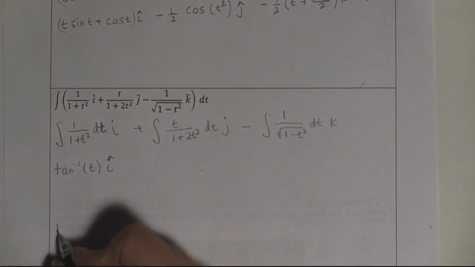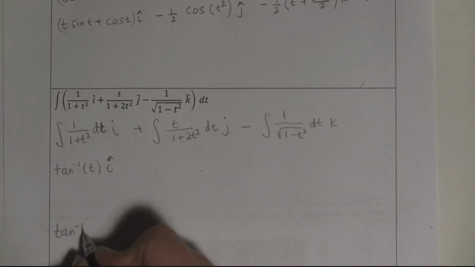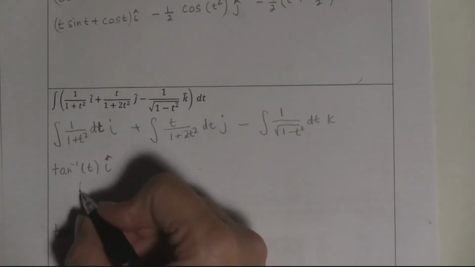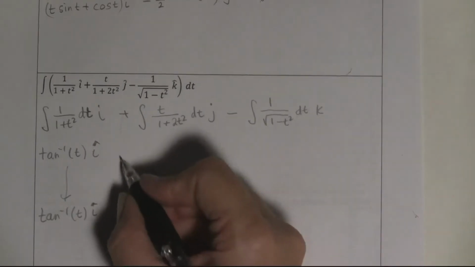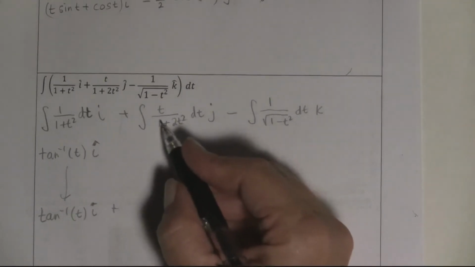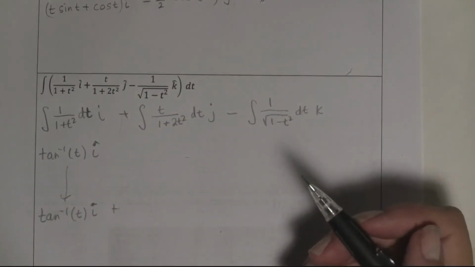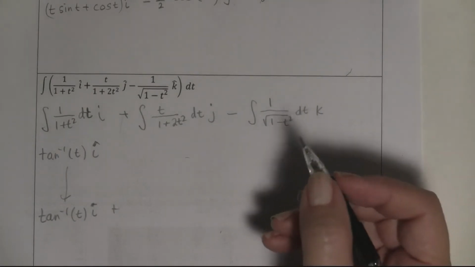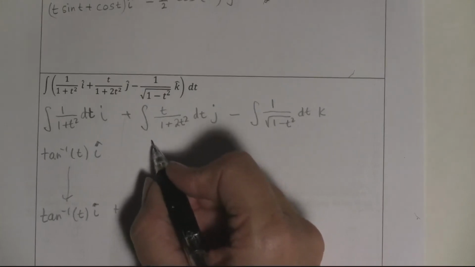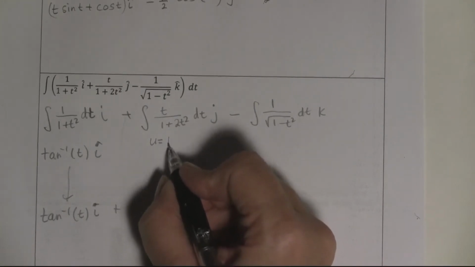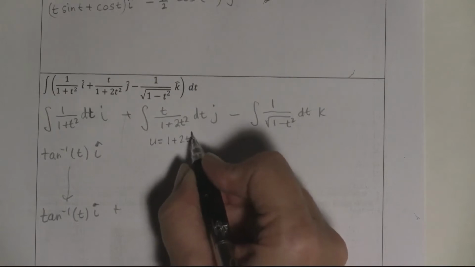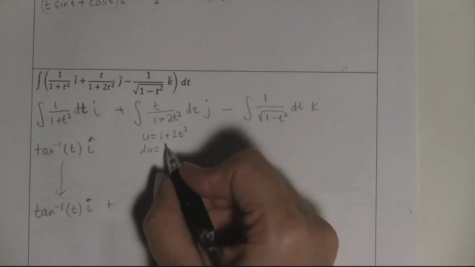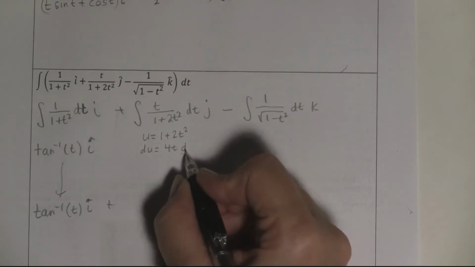So a lot of times I'll just bring this down here so that I don't lose that, plus. And then this one, I'm going to have to use a u substitution. If I let u equal 1 plus 2t squared, then du will equal 4t dt.